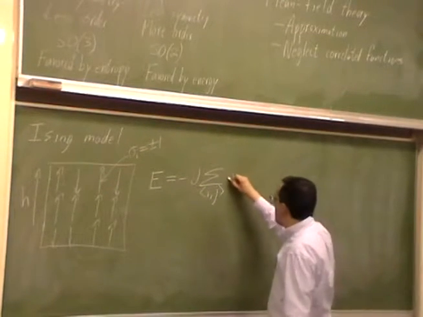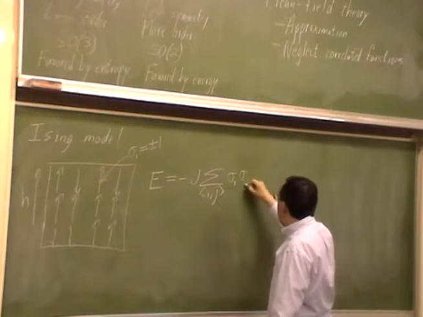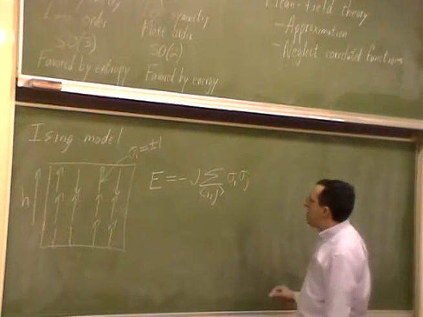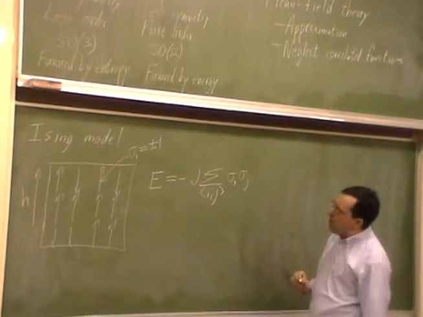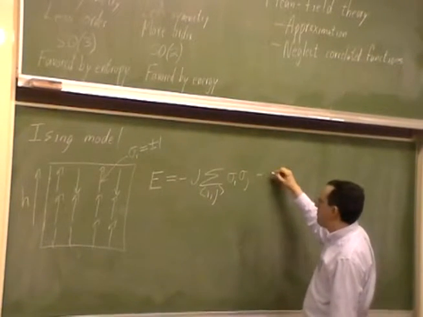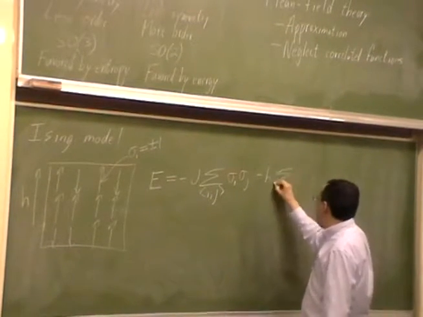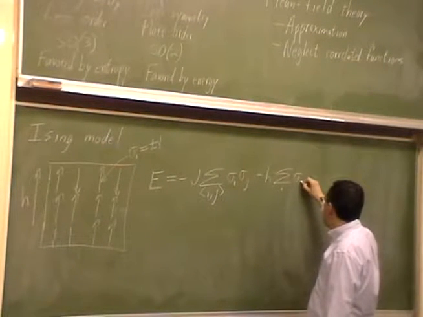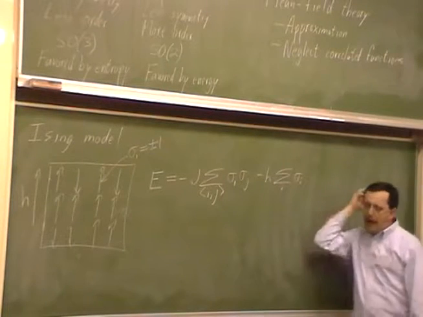So the sum over that of sigma_i sigma_j, and then there's an interaction with the applied field, which looks like minus h times the sum over all these sites of sigma_i.